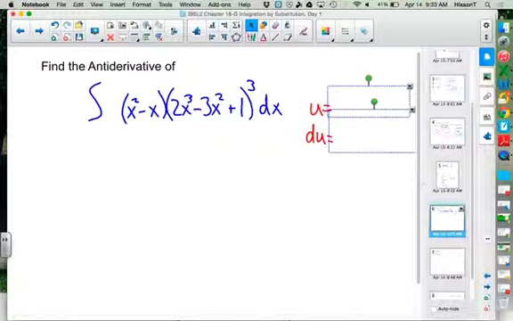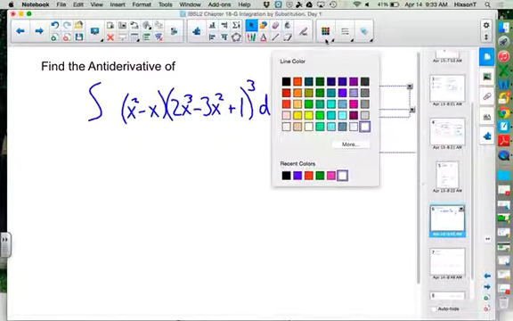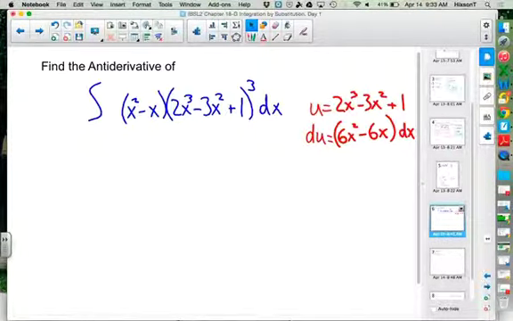And in this case it is, because when we take the derivative of that, you can almost see this. We're only missing a little bit, but we can handle that.